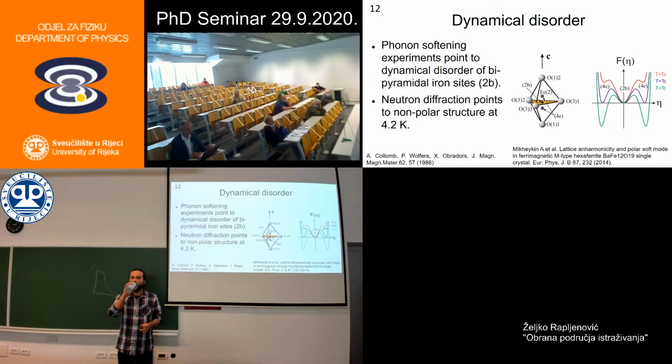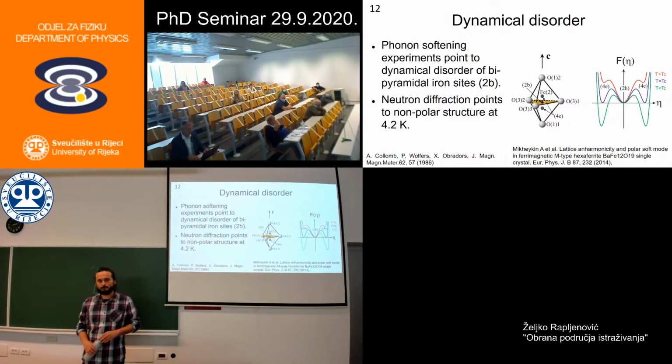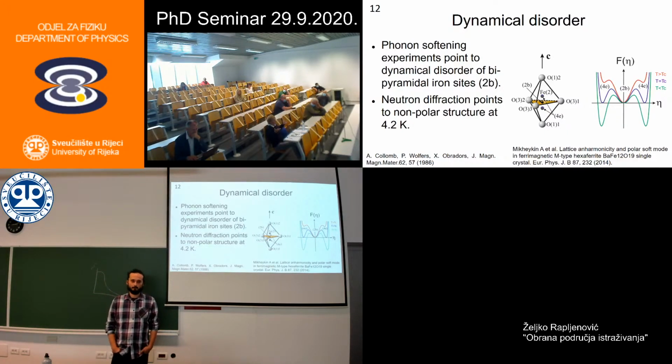Look, to me, it would be much clearer to approach the problem again from the parent compound, barium iron oxygen, of course, where there is a clear magnetic transition at 700 whatever, and there is a clear polarization behavior, where there are DFT calculations, etc. More or less, everything is clear there.